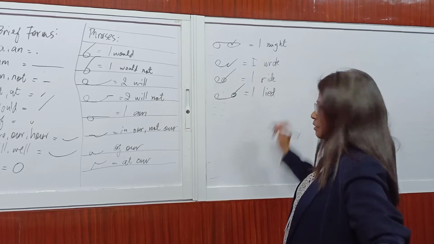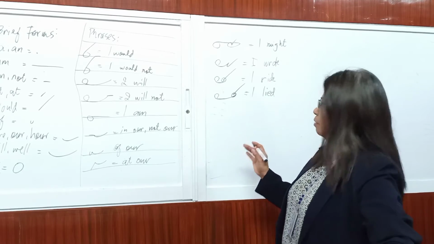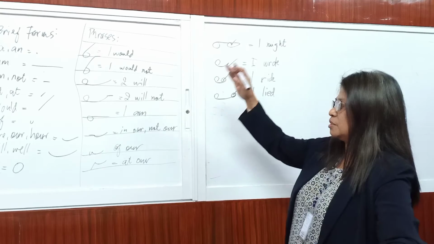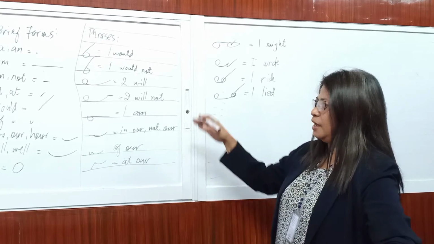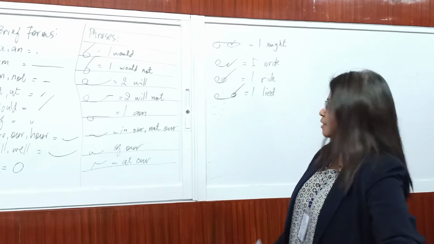I-L-I-D. I like. Okay, so there are still others that you can form. A lot of them that you can form, combining the preforms to form phrases, and combining the preforms and the words to form phrases.